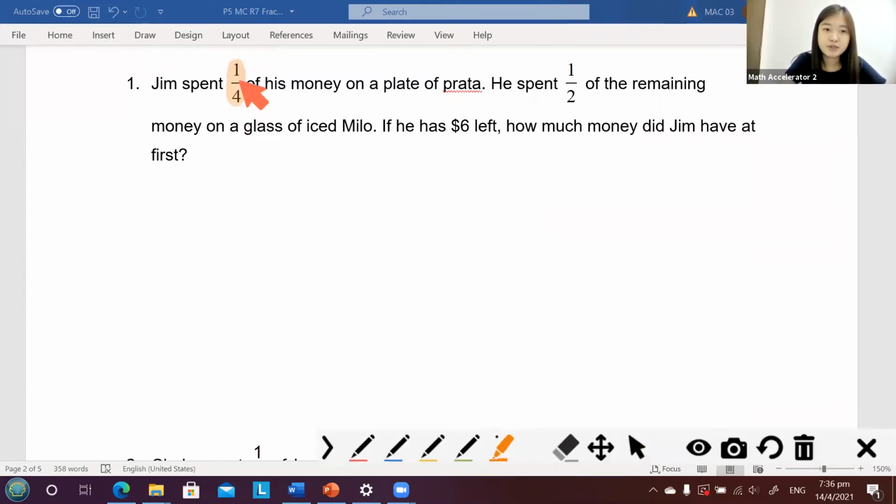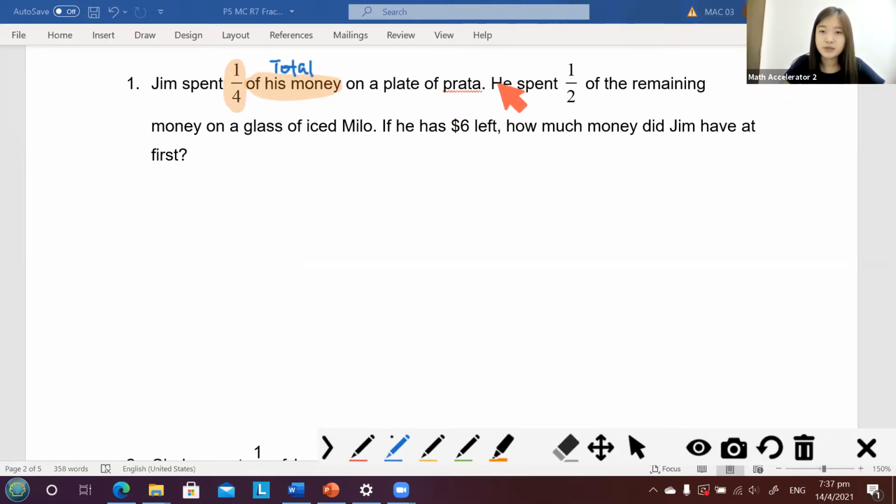So this is the first fraction, 1/4 of his money. This fraction belongs to his money, which means it's the total. Be careful of what the fraction belongs to, as it will affect how your model will look. In this case, the 1/4 belongs to his money, which means the total.